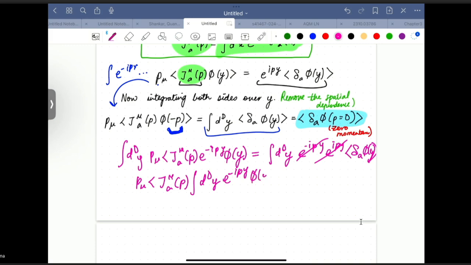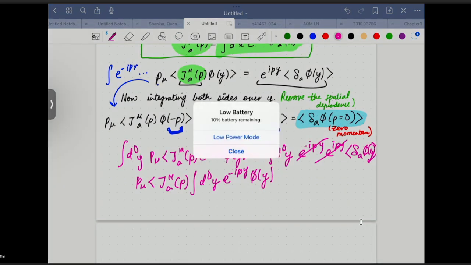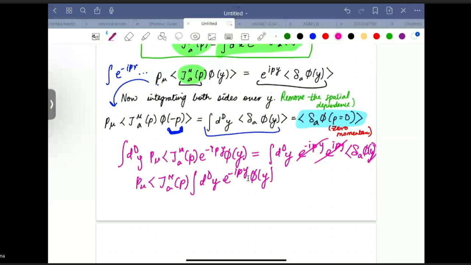Phi of y. So the beautiful thing here is this integral over y with e to the I minus py, phi of y, essentially picks out the Fourier transform of phi at momentum minus p.